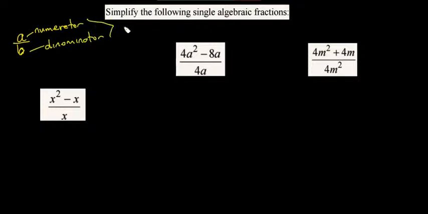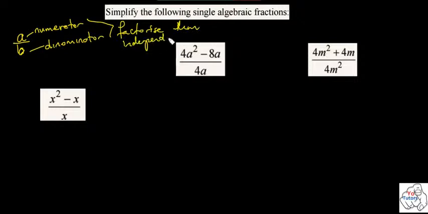Now, these two, you must factorize them independently. So then after that, you can cancel the common factors. So you can cancel whatever you have here.